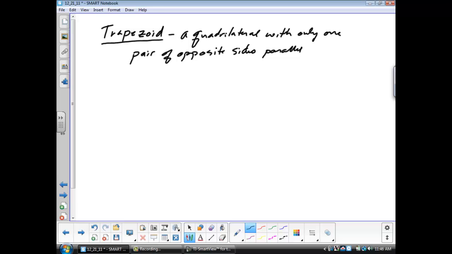So the first question I would ask you is, would something like this be a trapezoid? If these two sides are parallel, then yes. So it could look like a lot of things. As long as one pair of opposite sides are parallel, then it is a trapezoid.